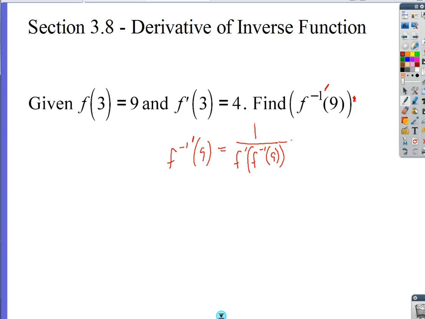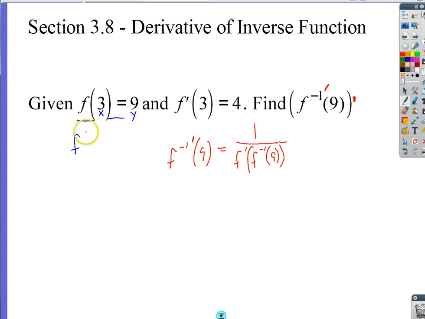But let's see what they do give me. They give me this, and so what does that mean? Remember, this is like my x, and this is my y. Don't you remember when we do the inverse, the x's and y's switch?